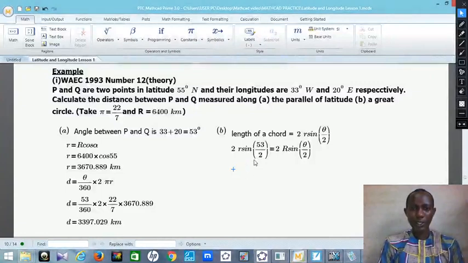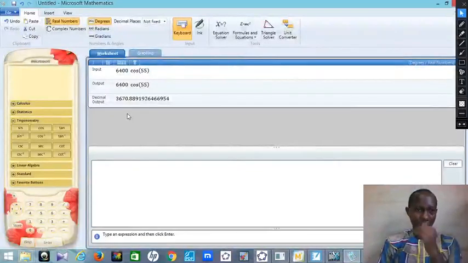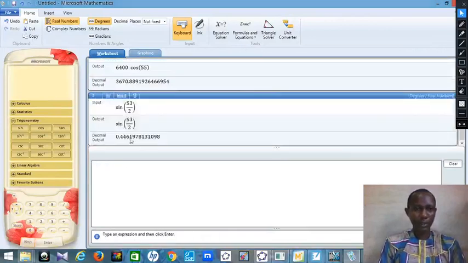Let's use our calculator to simplify this. We have sine of 53 divided by 2, which is equal to 0.4462, taking 4 decimals.